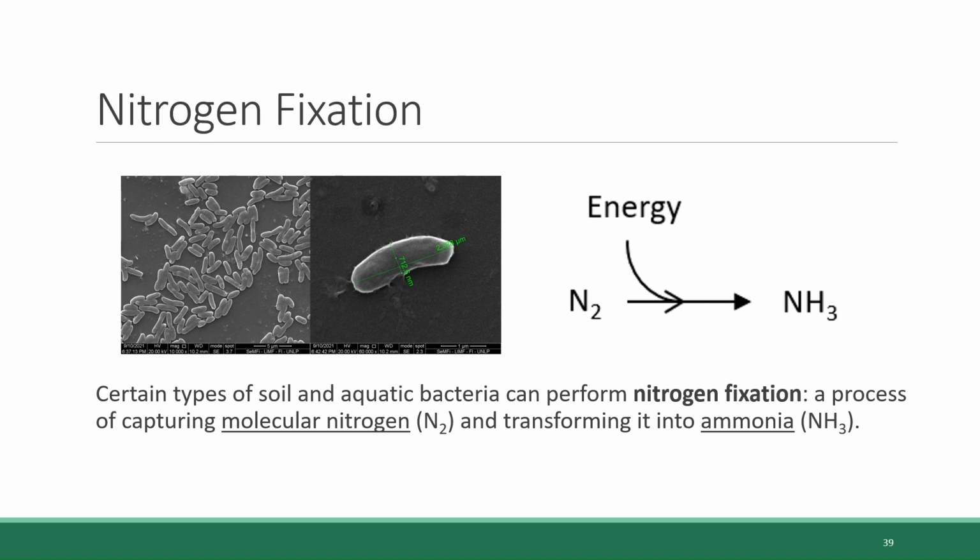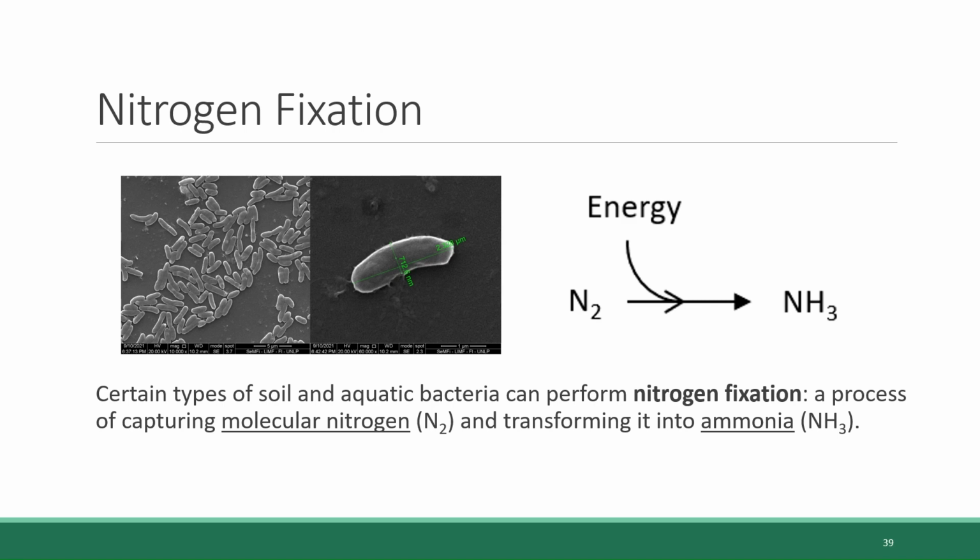So, Azospirillum and other diazotrophs can perform what's called nitrogen fixation, the process of capturing gaseous molecular nitrogen out of the atmosphere and transforming it into a different molecule called ammonia, NH3. You may remember that we defined carbon fixation as the process of photoautotrophs capturing carbon dioxide from the atmosphere and incorporating it into biological molecules.